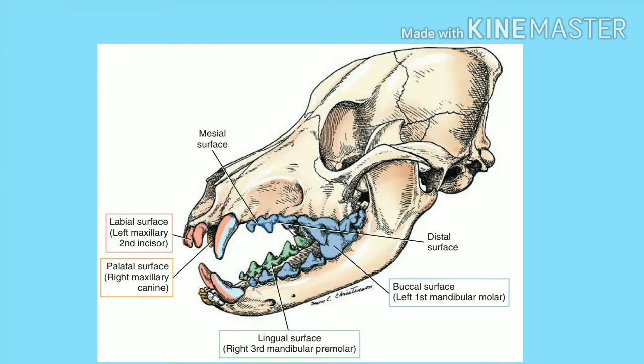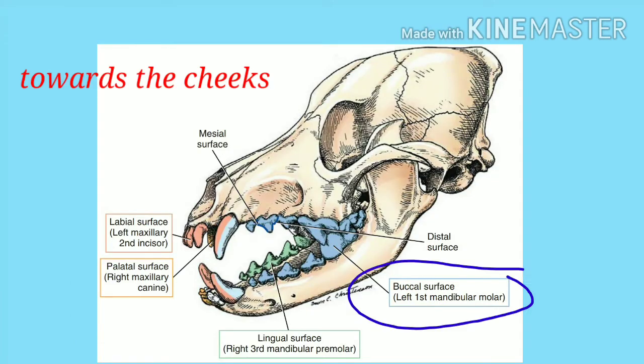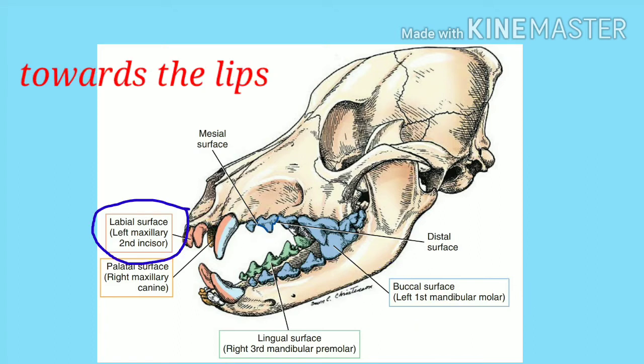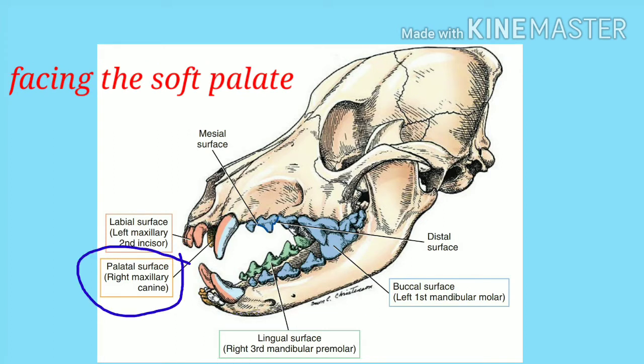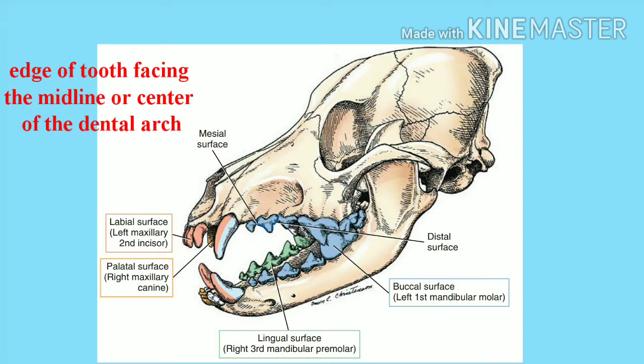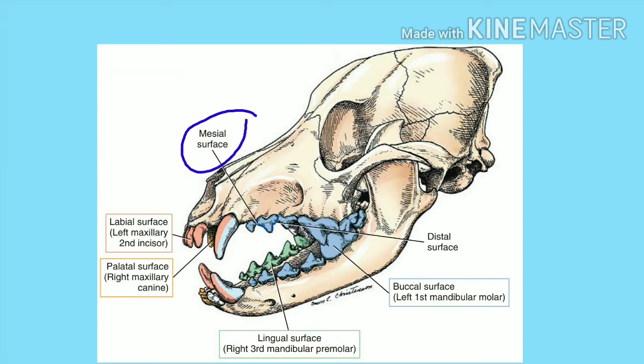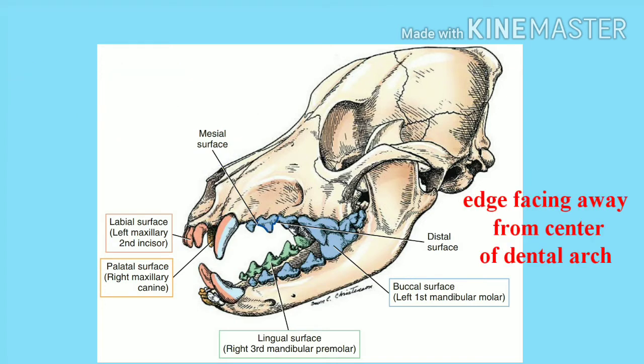First is surface towards the cheek, which is called buccal, and then towards the lip, which is called labial, and facing the tongue, which is called lingual, and the surface facing the soft palate is called palatal. And then the edge of the tooth facing the midline or center of the dental arch is called mesial surface, and the edge of the tooth facing away from the center of dental arch is called distal surface.